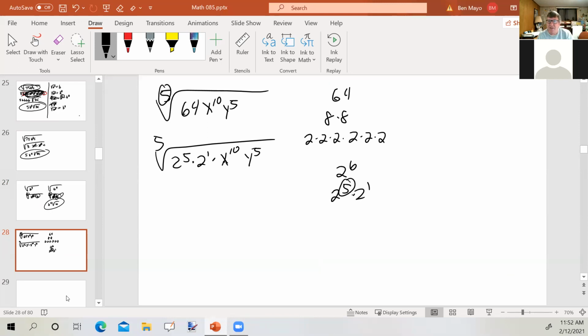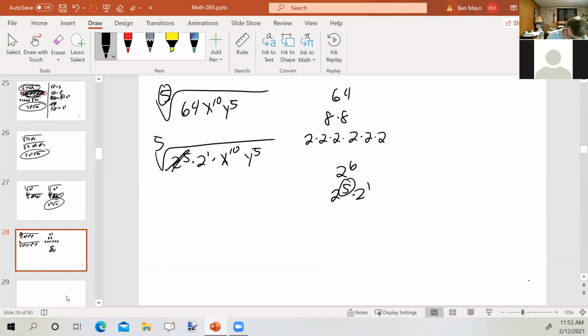Now, x to the 10th, 10 is a multiple of the index. Y to the 5th, 5 matches the index. So I wrote everything as something raised to a power that matched the index or a multiple of the index, and then leftovers. So let's see how that's going to work.